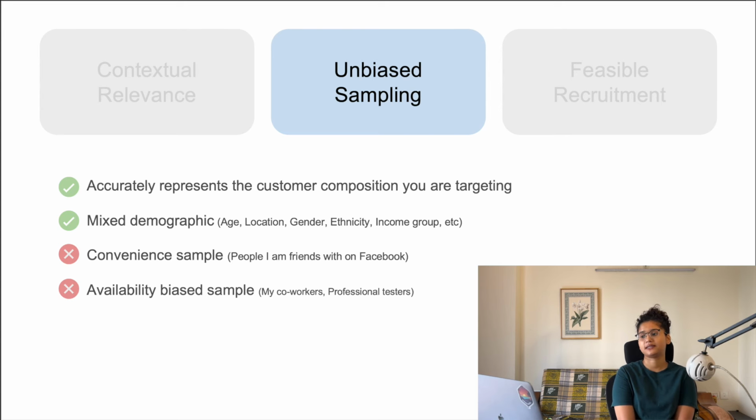Accurately represent the customer composition that you're targeting. Every business has a target audience. Within that group, there could be multiple subcategories of customers. For example, Uber targets people that commute to office on a daily basis, families that go for an outing, or women that need to book a cab late in the night, right?